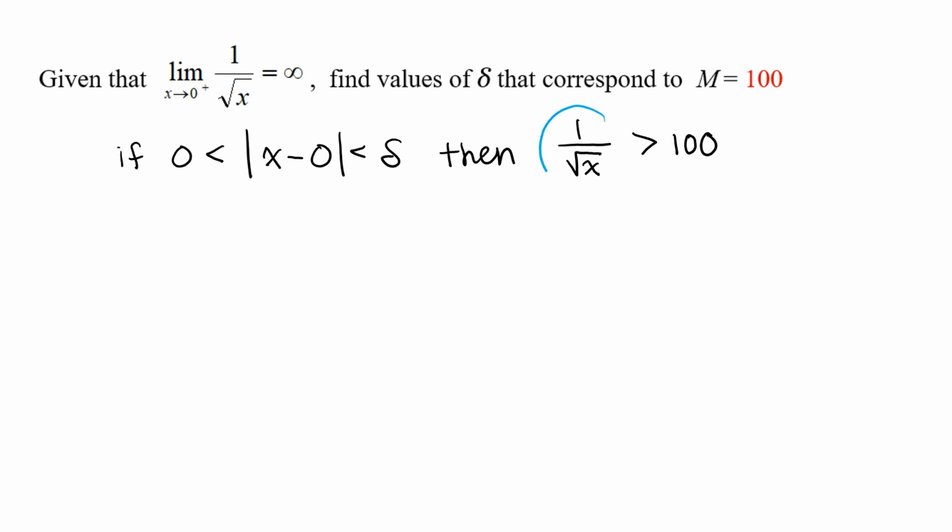So we need to take this and transform it into, well, let's simplify this. So transform it into x so that we can get our delta.